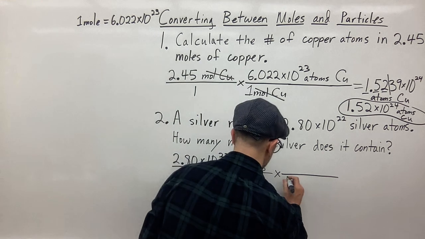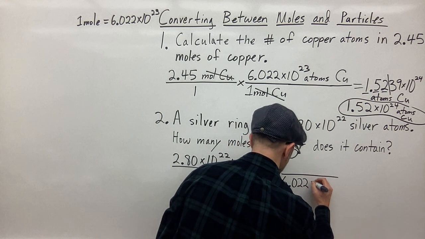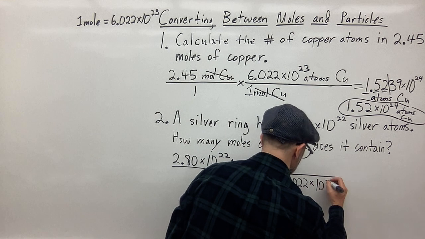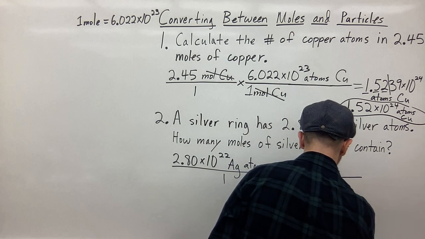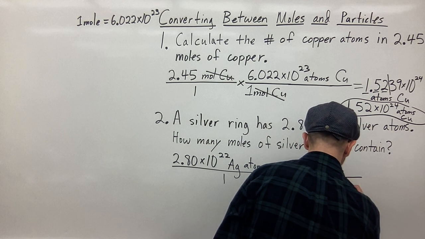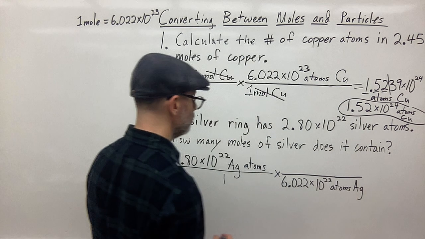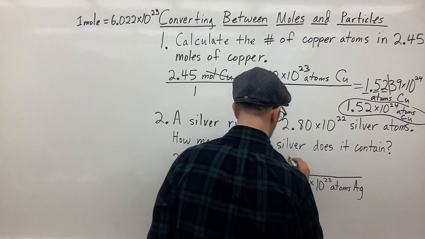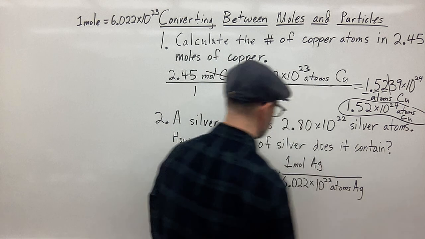So that's going to go on the bottom. 6.022 times 10 to the 23rd. And again, that's going to be atoms of silver. And I'm going to put 1 mole of silver on top.